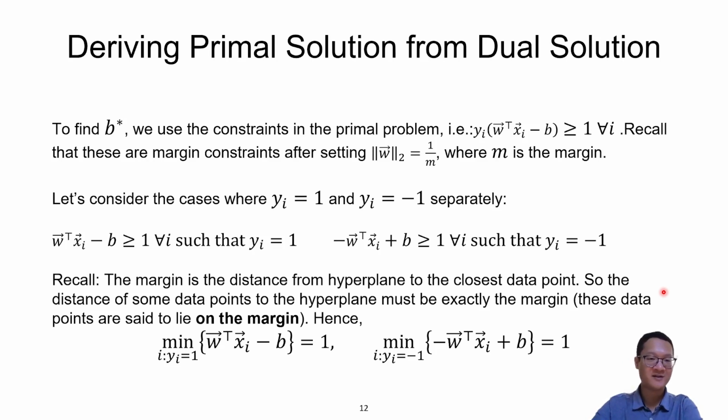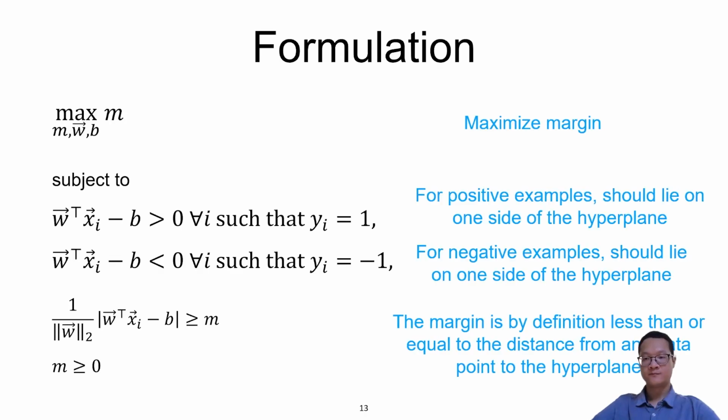Okay, so next we're going to find B star. For this one, we were not actually able to derive the optimal B last time. So today we're going to do it geometrically. To do this, we need to go back and visit the SVM formulation before we simplified it a lot.